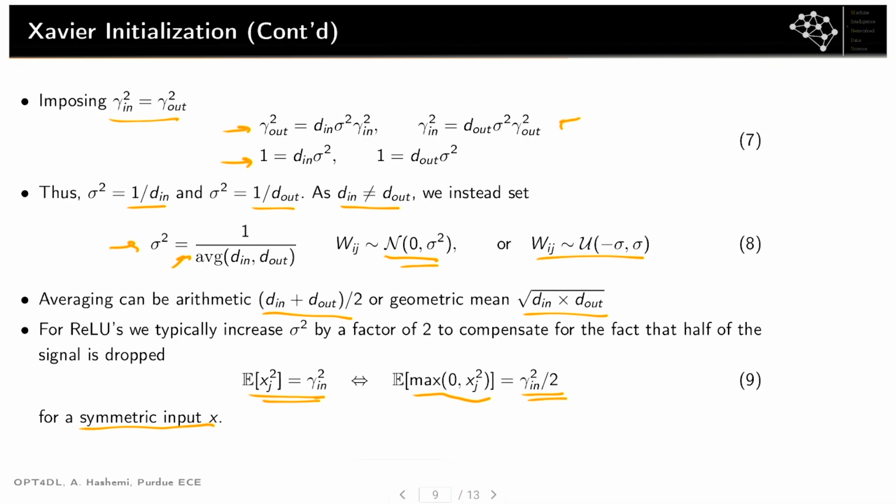The variance, and this is a very simple calculation to show, is just going to be gamma in square divided by 2. That's why we increase the noise power by a factor of 2, to make sure that we again have this condition satisfied.